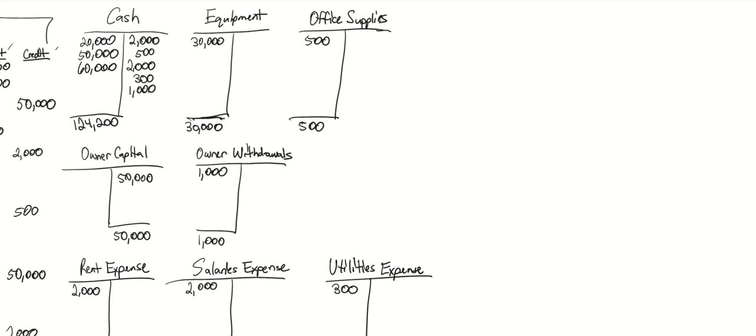But that doesn't mean that the amounts are all associated with the correct accounts. You have to verify that all of the amounts that are either debited or credited are associated with the correct accounts. So let me put together this trial balance here so we can go ahead and get started.